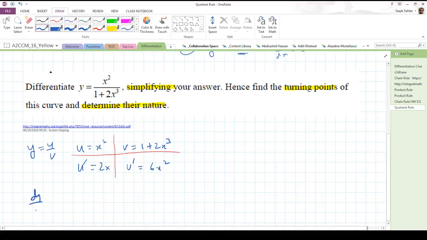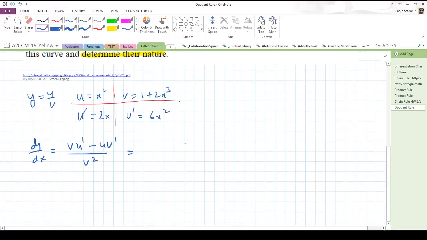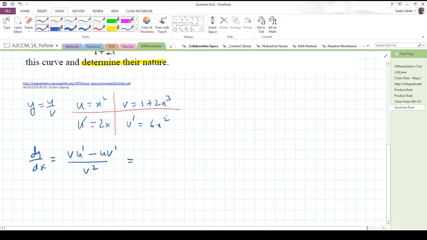So therefore, our dy over dx equals v u prime take away u v prime, divided by v squared. So writing out the formula, just in case you do make a mistake, the method mark is there, and we'll just substitute our values in. So v is 1 plus 2x all cubed times u prime, which is 2x, take away u, which is x squared, times v prime, which is 6x squared, divided by v squared, which is 1 plus 2x cubed, all squared.